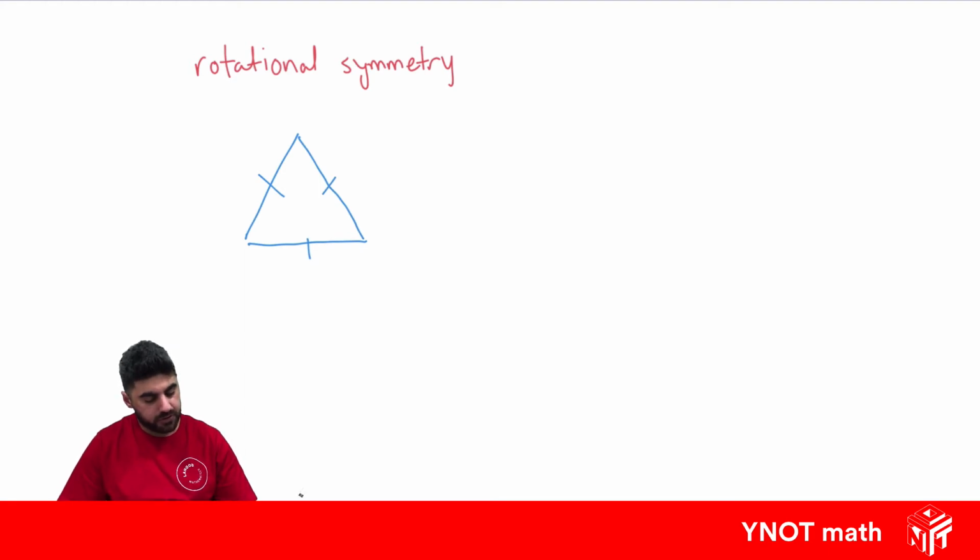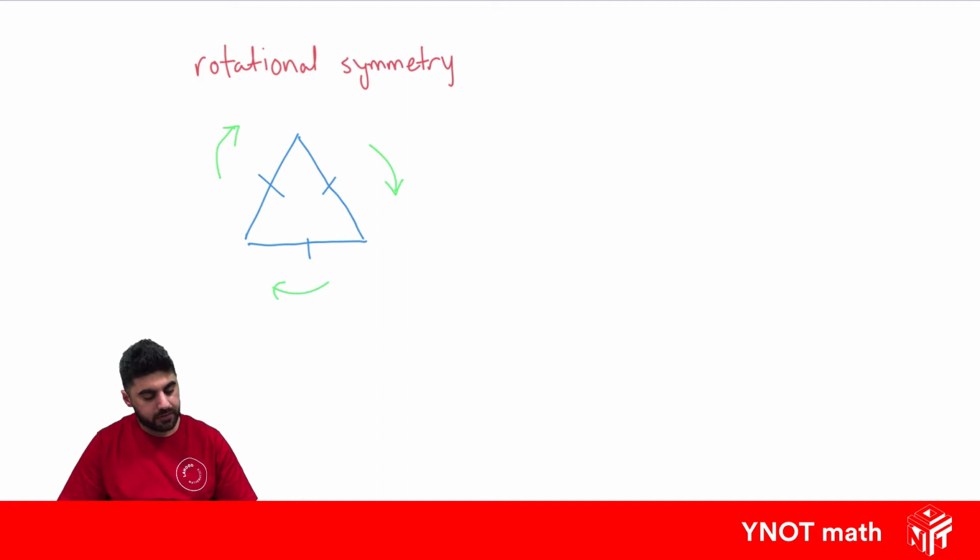And for rotational symmetry, we're going to rotate the shape. And where can we stop the rotation? How many times can we stop the rotation when we have the shape in the way it sits right now?